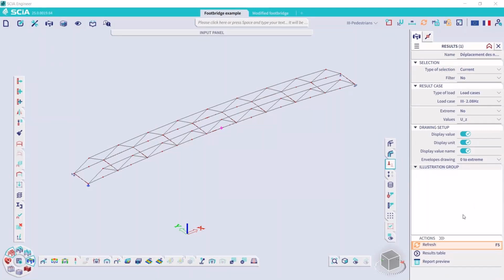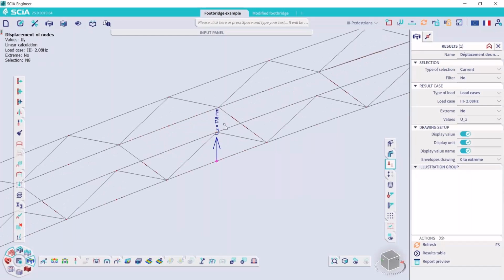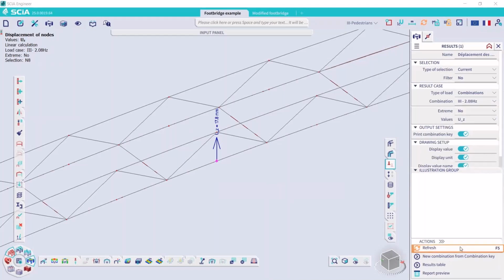If I ask for the vertical displacement for the load case in itself, it would give us the 17.8 millimeters we've seen earlier. But if I ask for this combination we have just created, we will have both negative and positive values. Because of course it's a vibration, so the amplitude can be the same upwards and downwards.